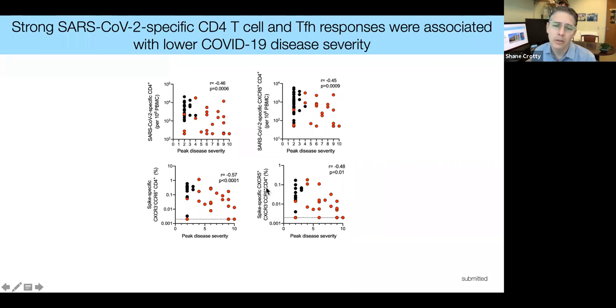But when you take a look at the heterogeneous markers, there is an association, but it's not so strong, and it's less strong than seen in the non-TFH, i.e. the CCR6 expression.